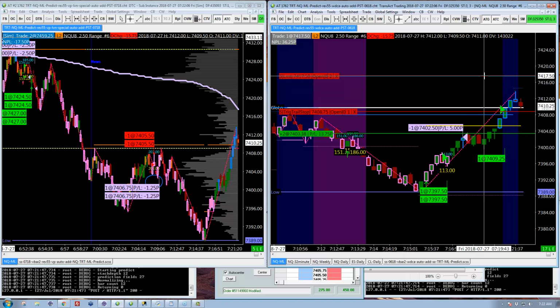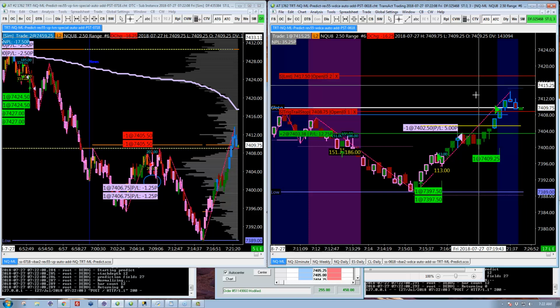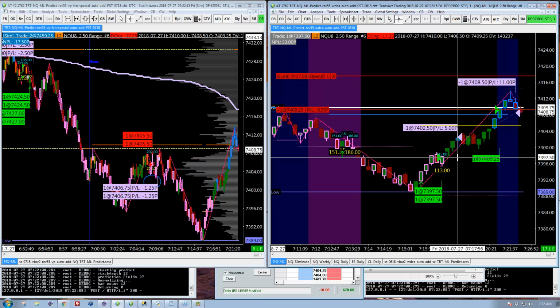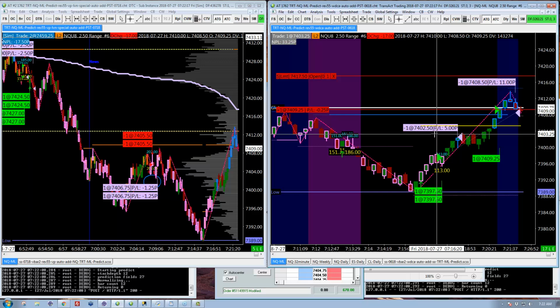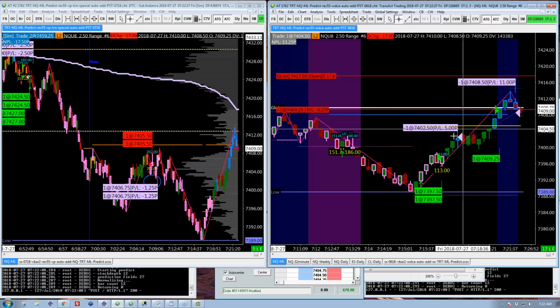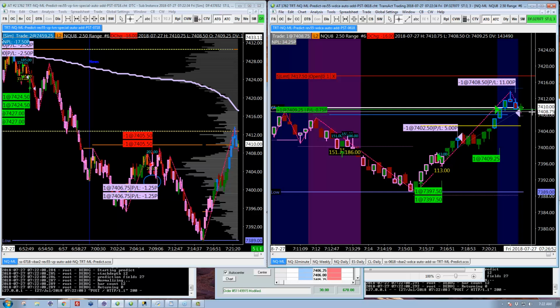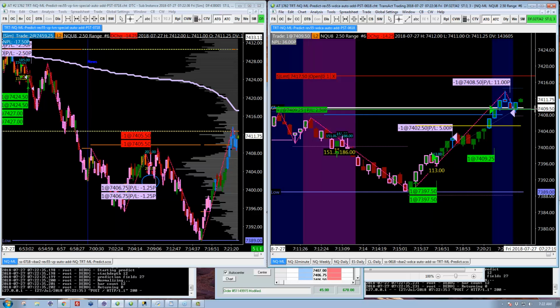So this target here is still the 20-point target off the original entry. What we want it to be is the break even plus 80, and when you start scaling out, it doesn't quite work correctly. Don't quite understand what happened here. I still have a contract in the market long.